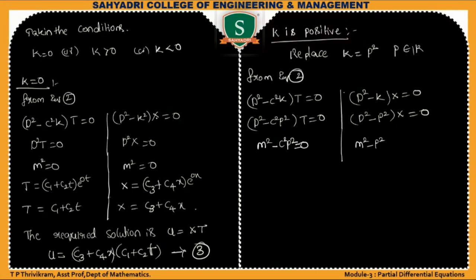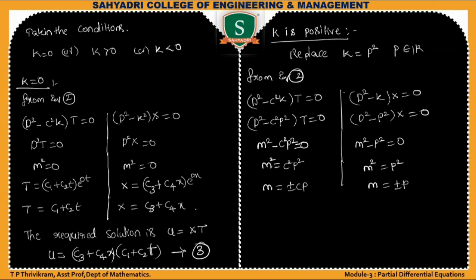So m square equals c square p square, and m square equals p square. What will be the m value then? m is equal to plus or minus cp, and here m is equal to plus or minus p.